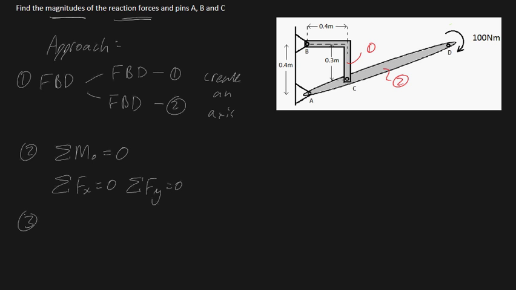Then we're going to solve the algebra. We're going to be left with a whole bunch of simultaneous equations, and we just need to solve them all in order to find our answer.